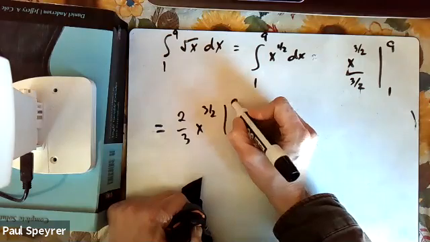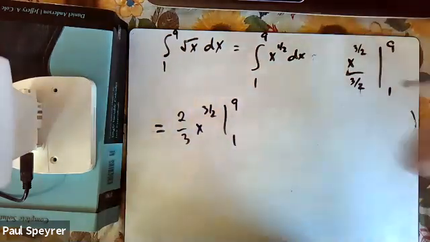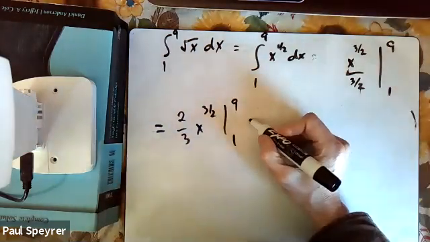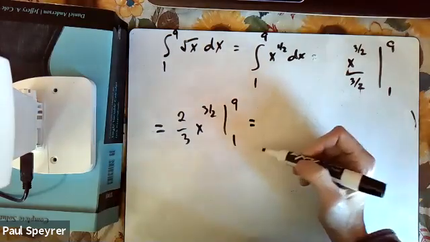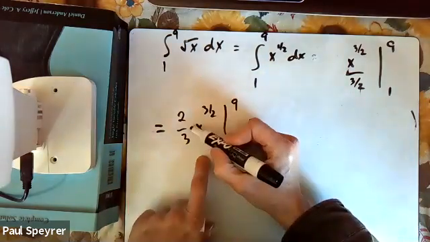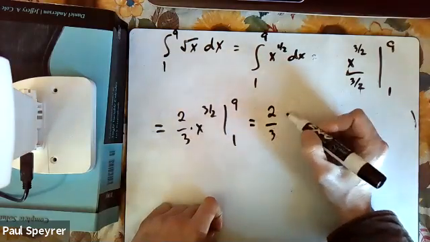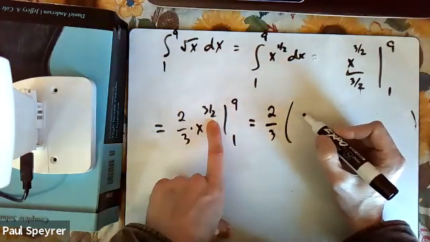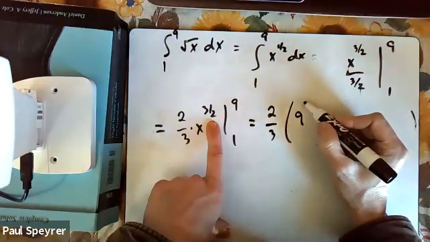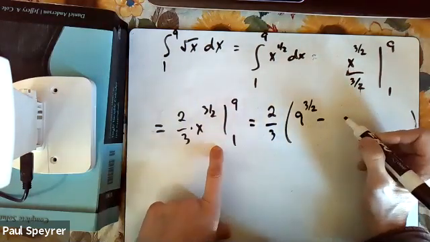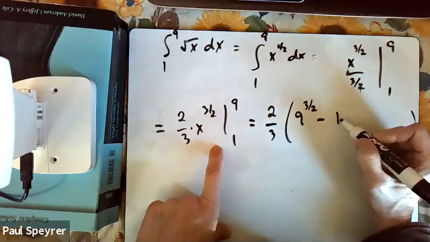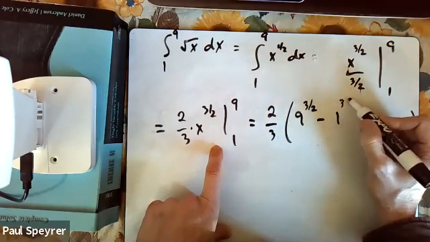And then now it's evaluated from 1 to 9. So it looks a little easier to work out. Now, as far as evaluating, since this is just 2/3 times this one term right here, we could say, oh, that's 2/3. And then the upper limit would be 9 to the 3/2 minus 1 to the 3/2, right?